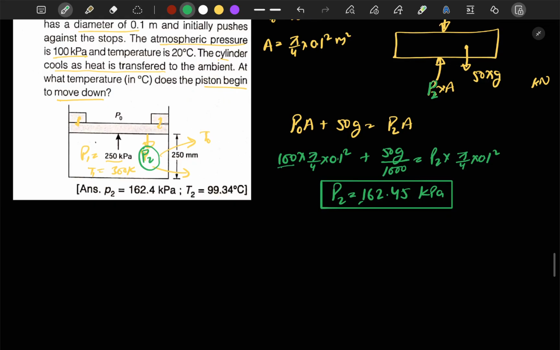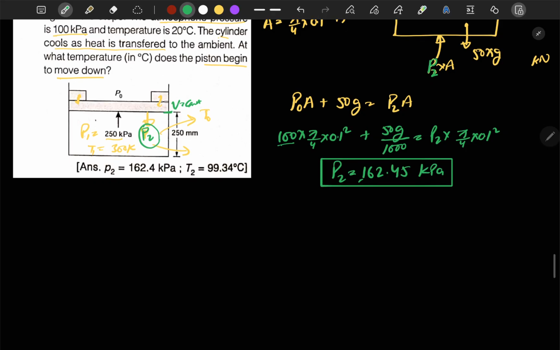So just when the piston begins to move, you can see that the volume of the system will be constant, like the height will remain the same. So we can apply the ideal gas equation here, PV is equal to mRT. Since the volume is constant just when the system is about to move down, pressure is directly proportional to temperature.